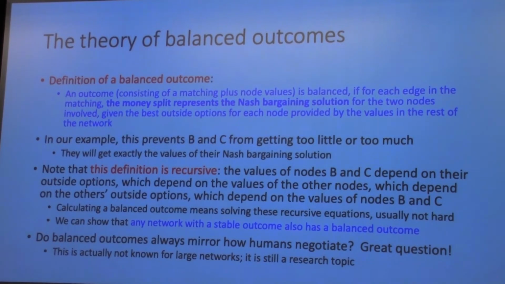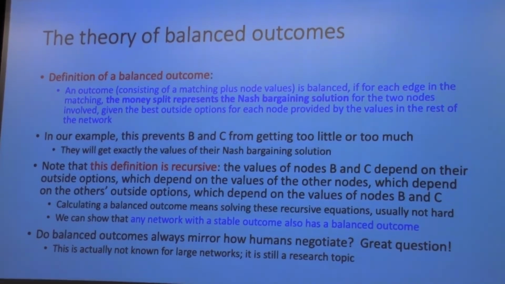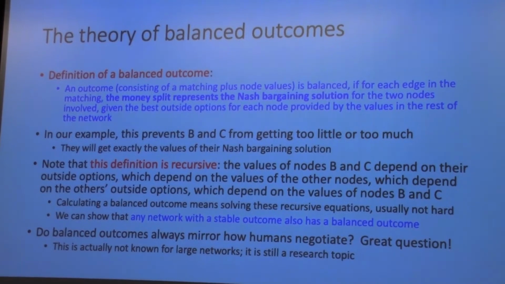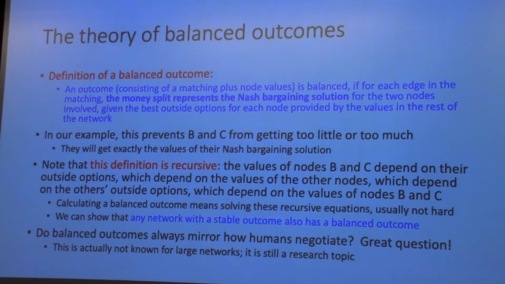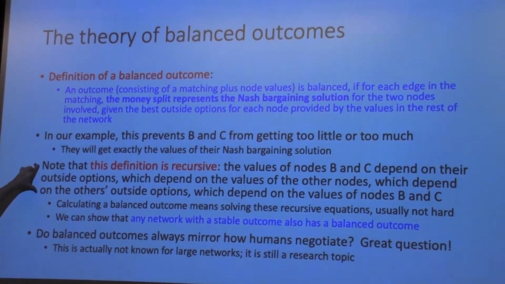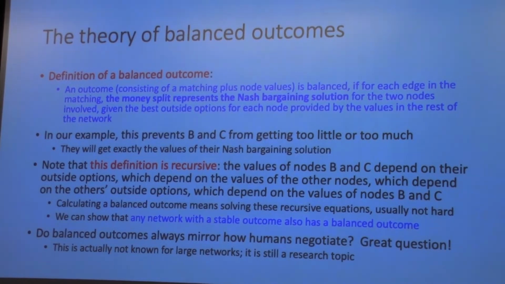But those other nodes have their own Nash bargaining solution, which depends on their outside option, which goes back to B and C. So in fact, there are circular dependencies. This is an actual recursive definition. In order to calculate the outside options, you need to know that the outside options will depend also on the values of B and C. So in real life, if you want to calculate this, this actually gives you recursive equations, which can be solved.